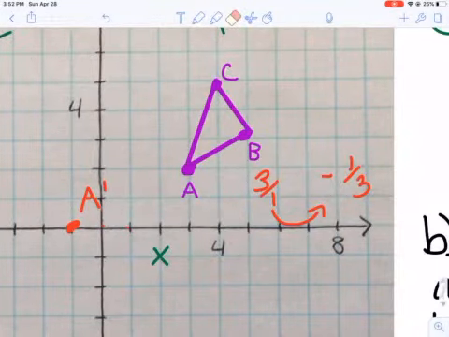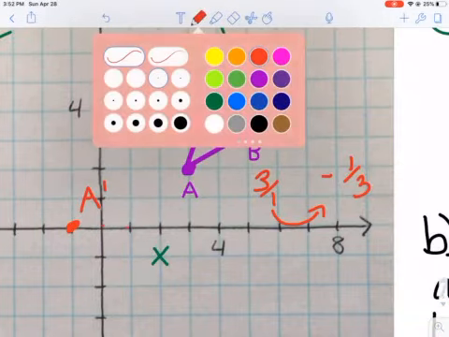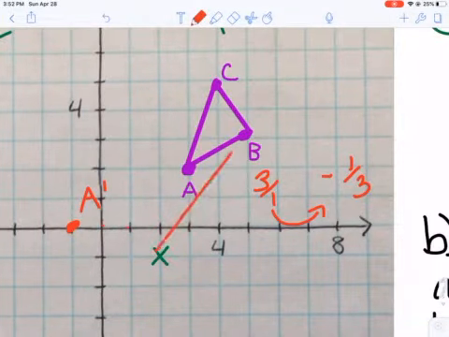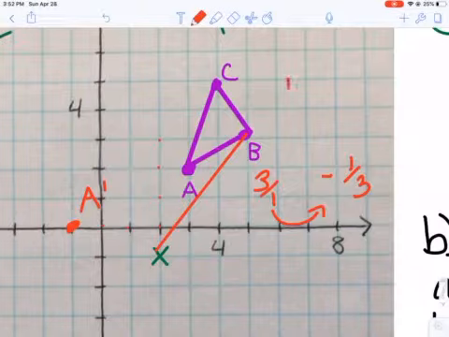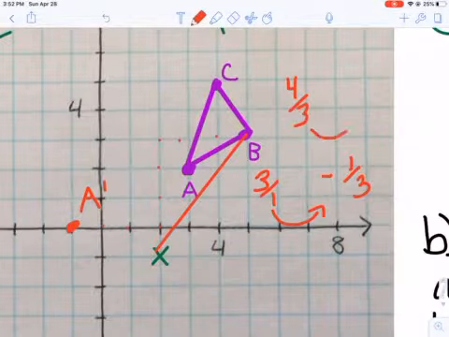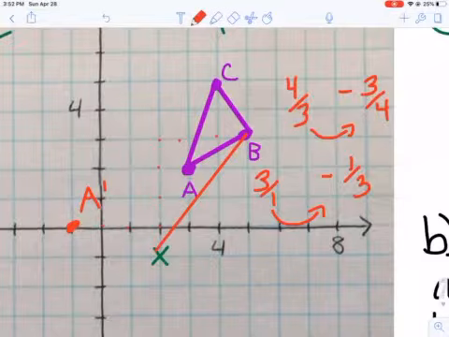So I'm going to do the same thing with B. I'm going to make a nice line between our center of rotation and B. Now the slope of the line I just created is 1, 2, 3, 4 over 3. Opposite reciprocal again. I want a perpendicular line, so flip it over and make it its opposite. So now it's going to be -3/4.